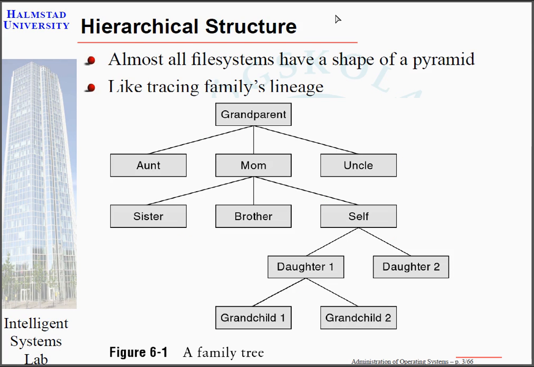In general, you would like this view to be hierarchical. You can think of it as some kind of family tree where you have some ancestors and some descendants. And this is a very nice structure because it allows you to have a lot of information organized in a pretty nice way. It's very natural for humans to look at things this way.